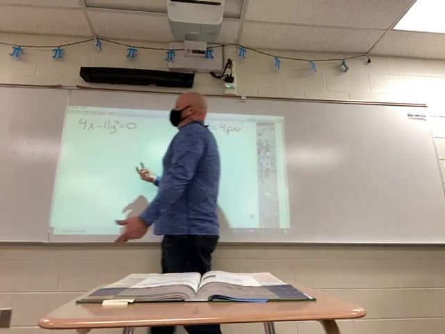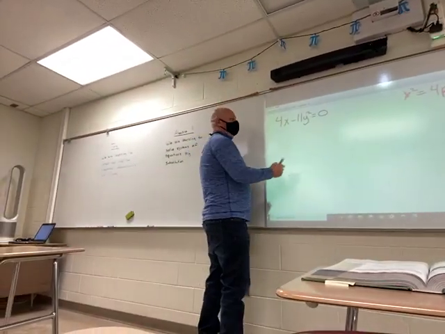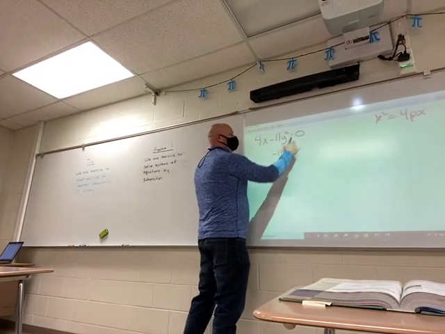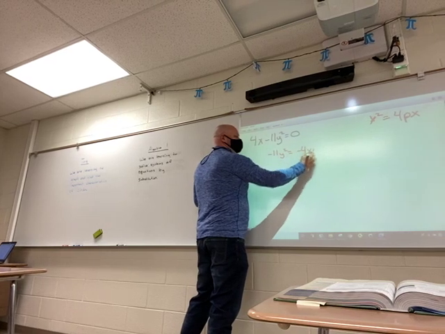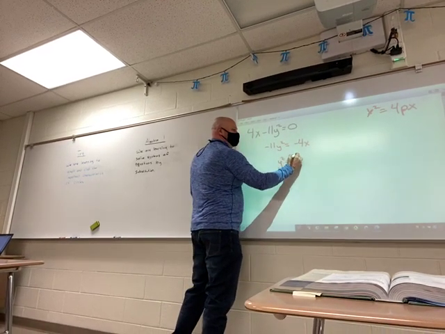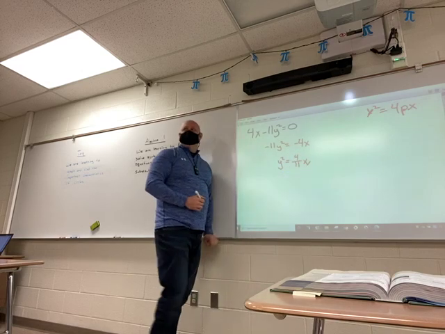So first thing you got to do is make sure it's in standard form. So solve for the y squared. I would move the 4x to the other side, divide by 11, and you get y squared equals 4/11 x. Yes?